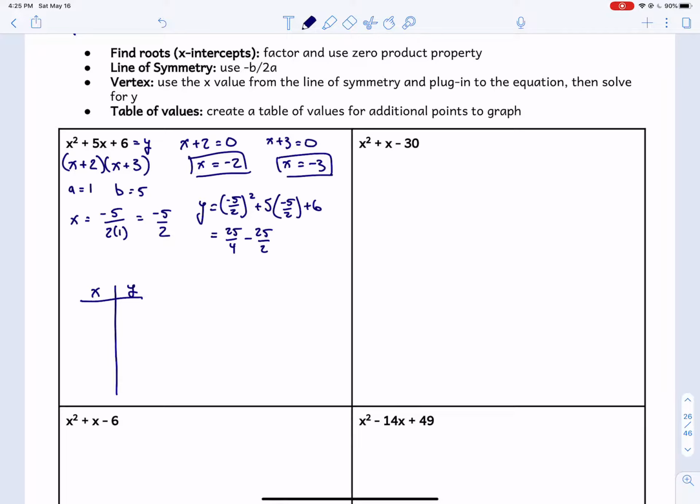And then the common denominator should be 4. So let's say this is 24 over 4. And that minus 25 over 2, let's change that to a fraction that has a 4 in the denominator, which would be -50 over 4.